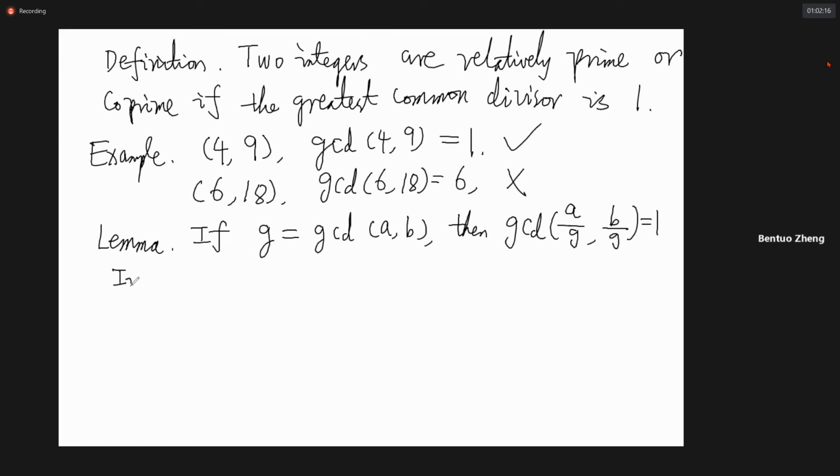In other words, A over G and B over G are co-prime. Roughly speaking, once you divide by G, you essentially remove the greatest common divisor, so their greatest common divisor becomes 1. Okay, so let me prove it.